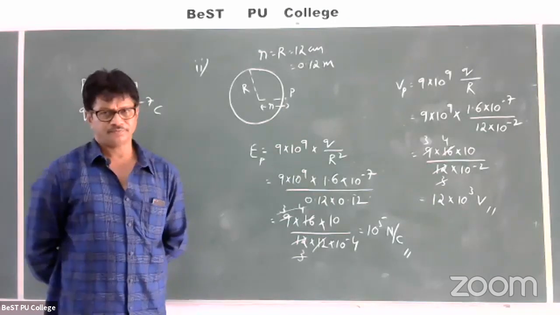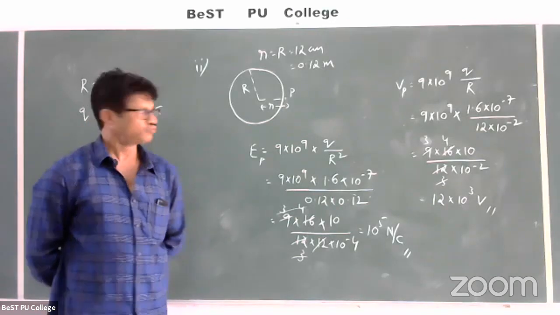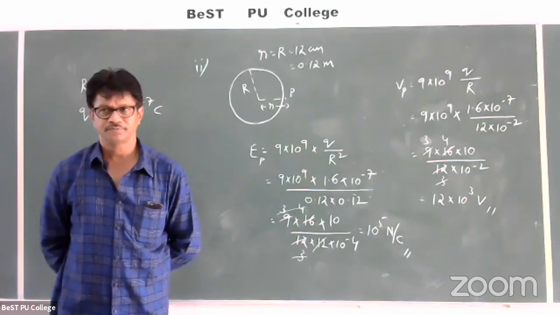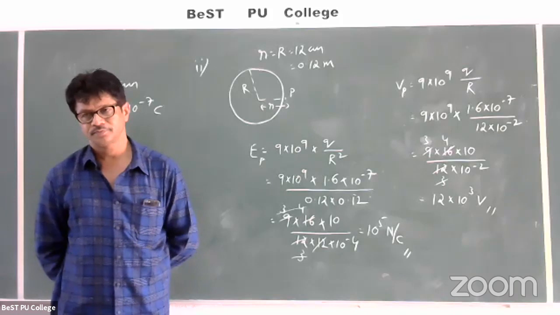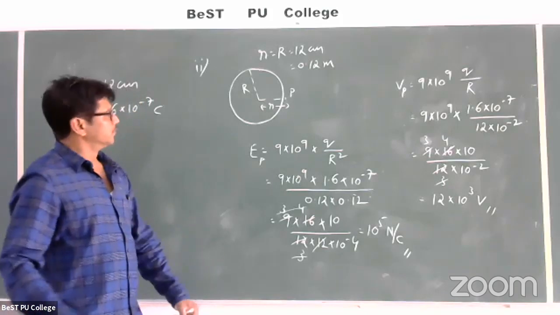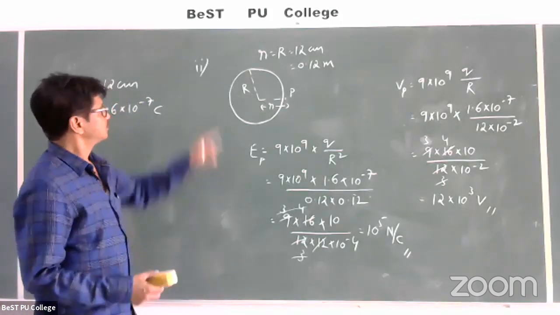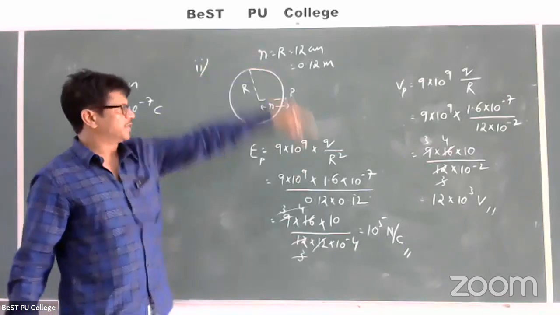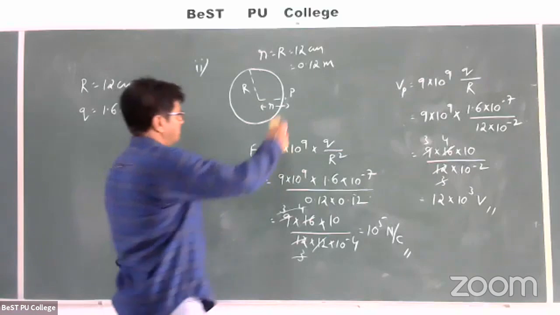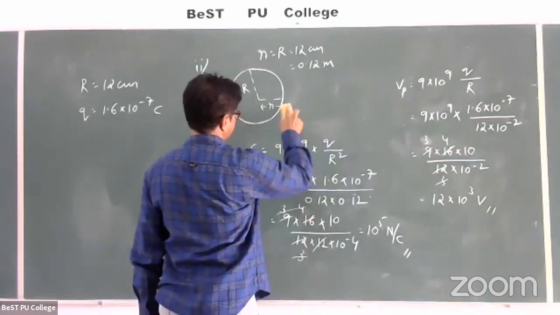Third one: inside the sphere. The point P is inside the sphere.